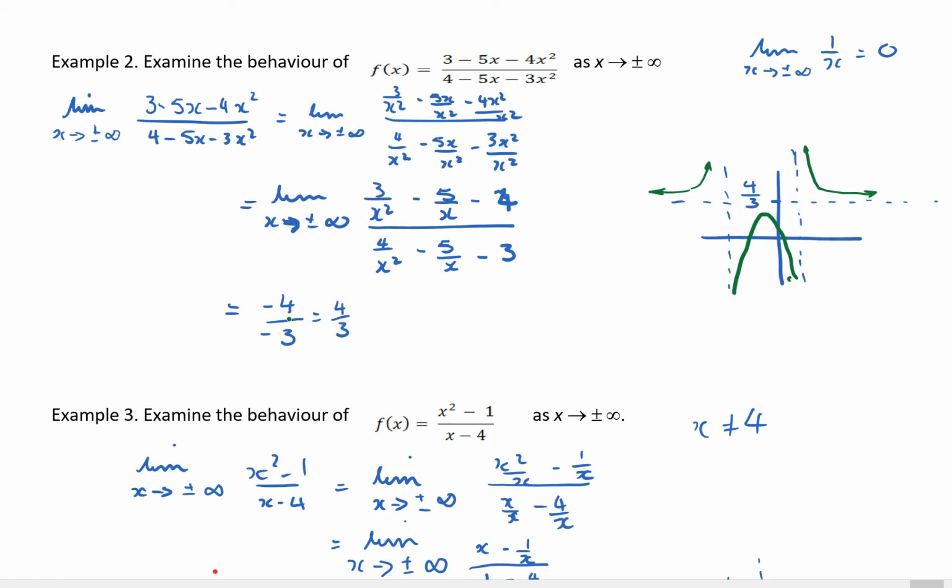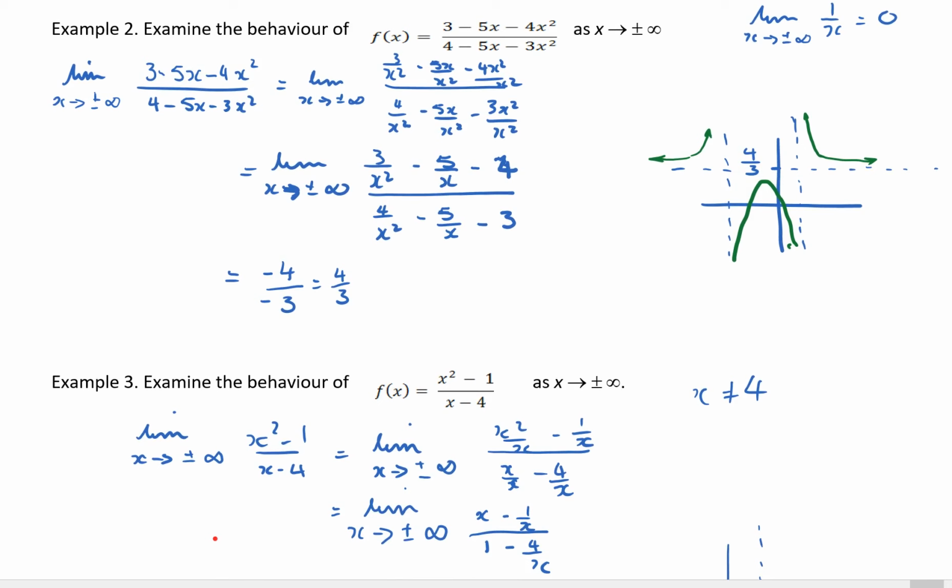In the next two examples, you're going to see something quite different happening, and we'll be able to see a difference algebraically in what the actual function looks like. So let's move on to that.